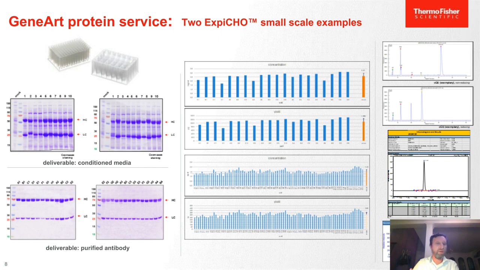Coomassie, it's just conditioned media, so crude supernatant from the cells which you can obtain, and down there is the purified antibody, which we also offer. On the right hand side you see different QCs that we offer: size exclusion, capillary gel electrophoresis, and mass spec.